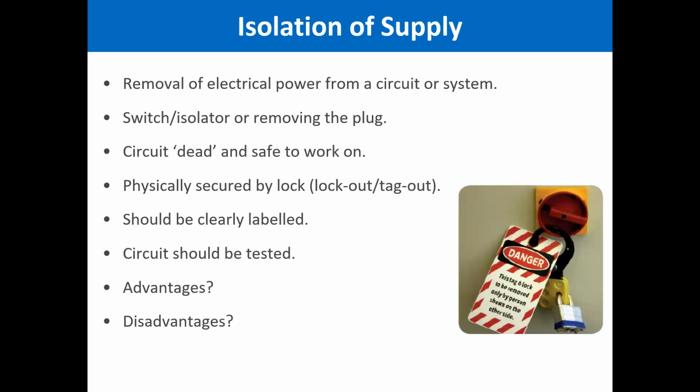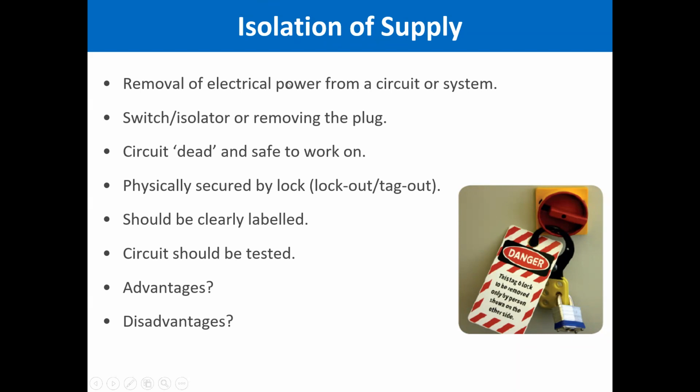Isolation of supply is very important. Basically, you should never work on a live electrical system unless it is necessary. If you have to work on an electrical system, make sure you switch it off and isolate the supply, so that if you're working on it, nobody can accidentally switch it on.